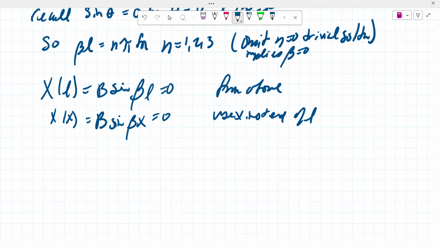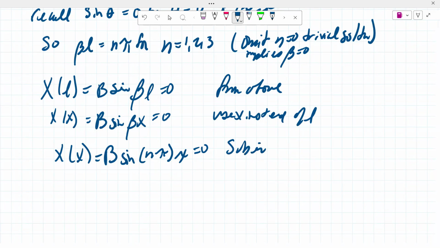I just want to use x instead of L. I can change my variable name if I feel like it. x of x equals b sine n pi x equals 0. This is subbing in. So we've just done the substitution in here.